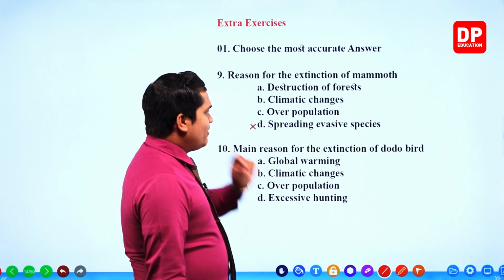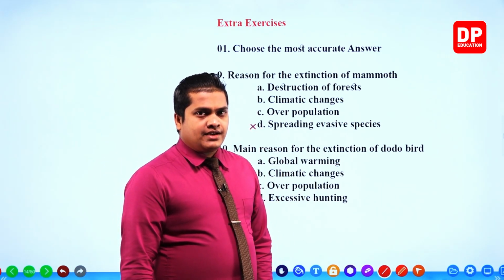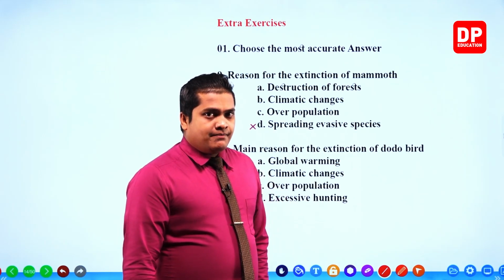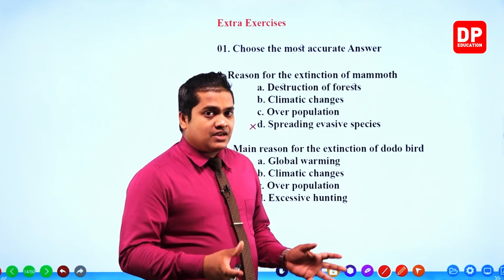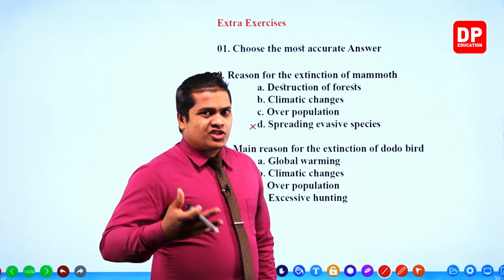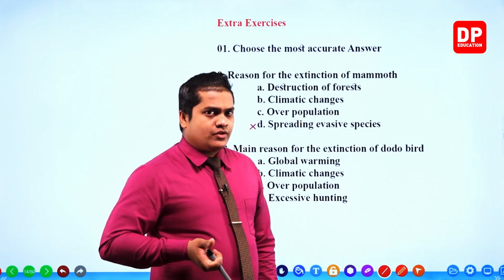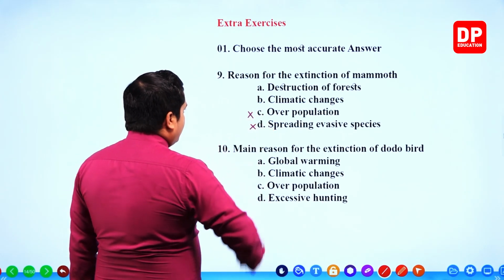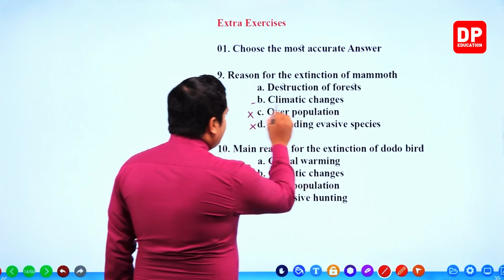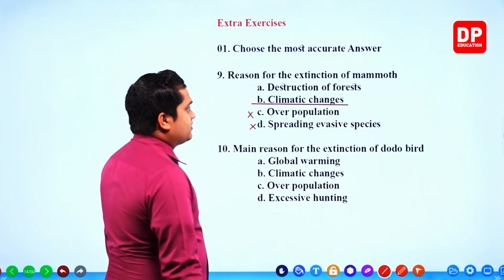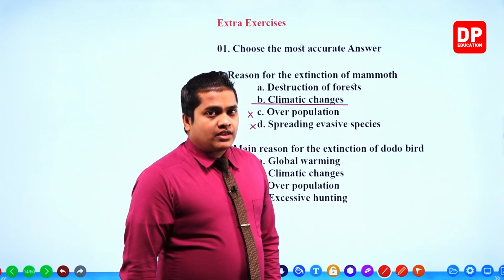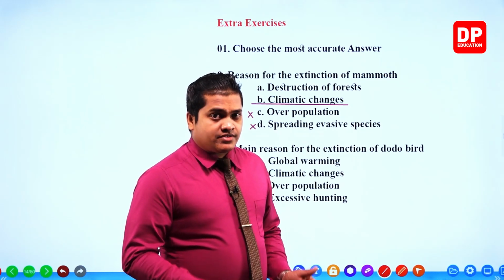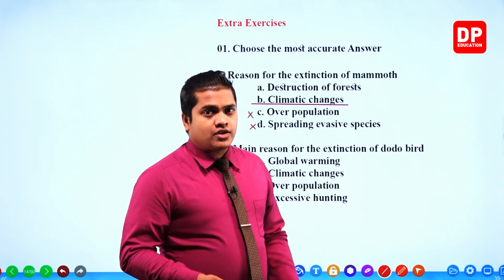Next one, overpopulation. Once again incorrect, right? Because at the time when the mammoths were living, there was no such incident as overpopulation. So it is also incorrect. However, climatic changes, my dear children, that is the main reason for the extinction of the mammoth. Mammoths went extinct mainly because of climatic changes.